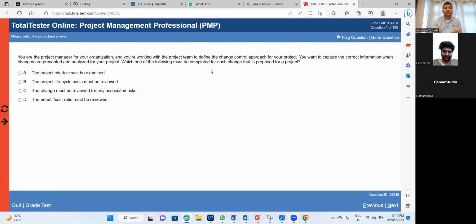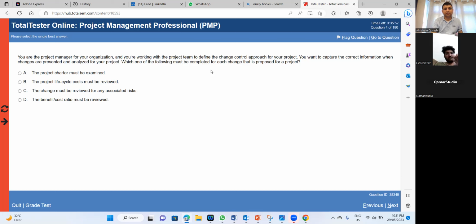This is the very first step, the information you need to make a decision whether this change should be pursued or not. Because you are working with your project team to define the change control approach, you want to be in control of the changes in your project, right? So you don't want to let any change come into your project without any benefit. So you have to observe the benefit cost ratio for every change that is pushed forward.